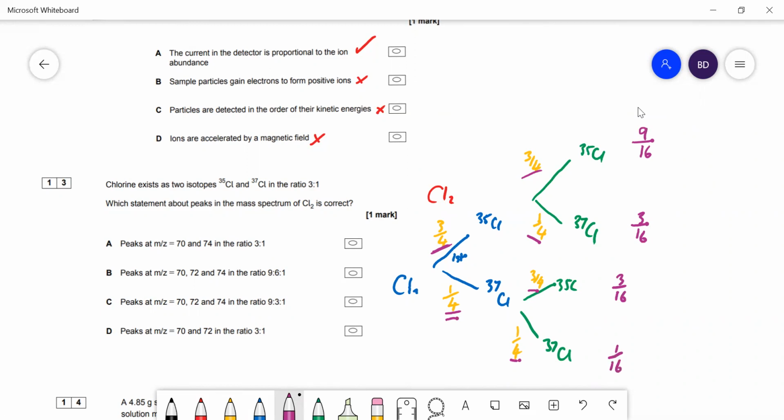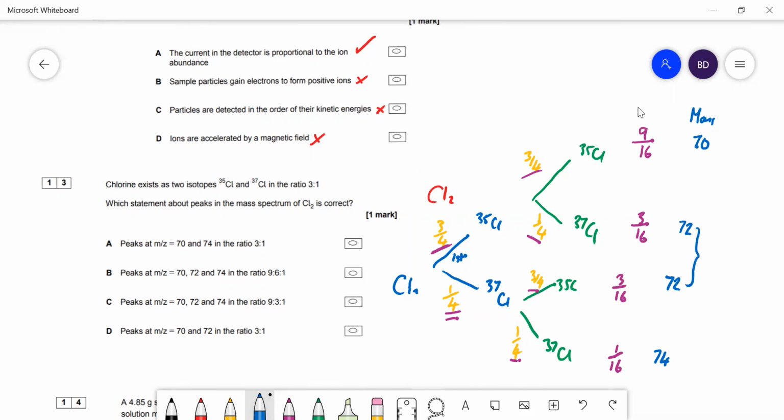Right, what would be the mass of this one? Well, two 35s, it's going to be 70. The mass of this one is going to be a 35 and a 37, 72. That one's going to be 72. And this one's going to be two 37s, 74. So you can see these two are combined.